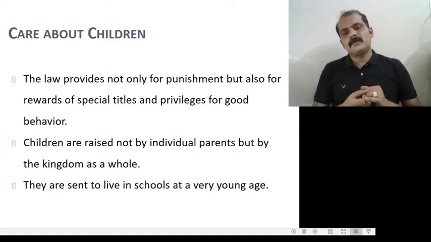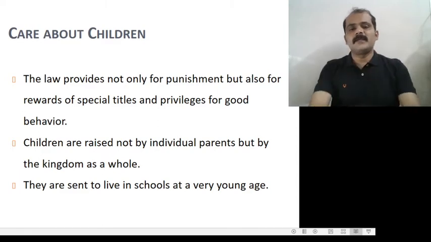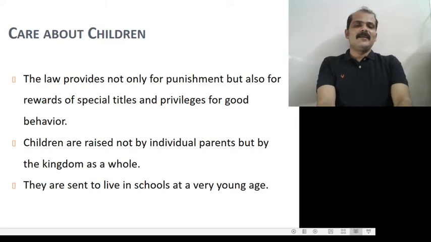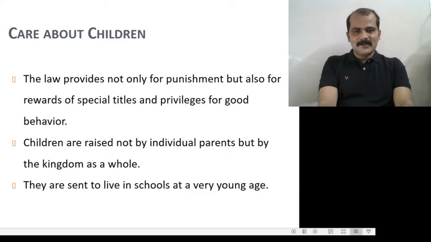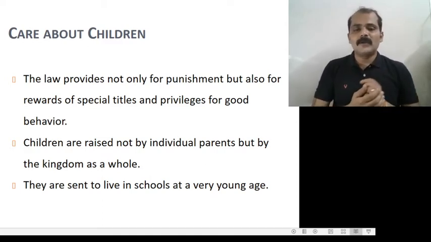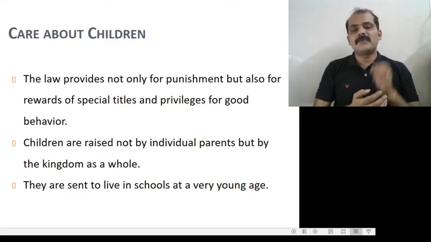The law provides not only for punishment but also for rewards of special titles and privileges for good behavior. This is very important: for good behavior, there will be a reward. What are the rewards, and what are they given for? We'll see.